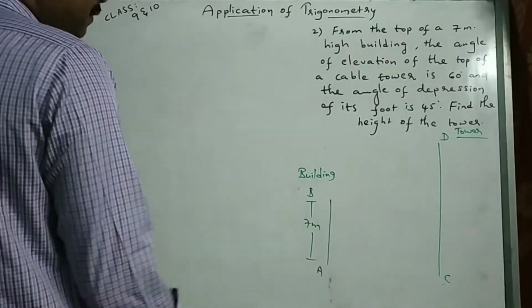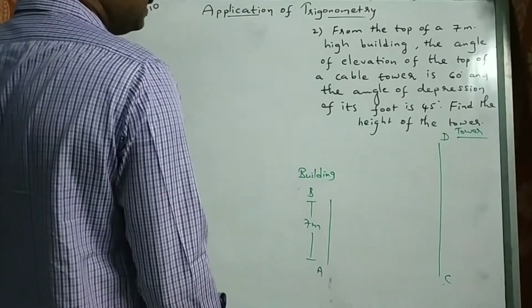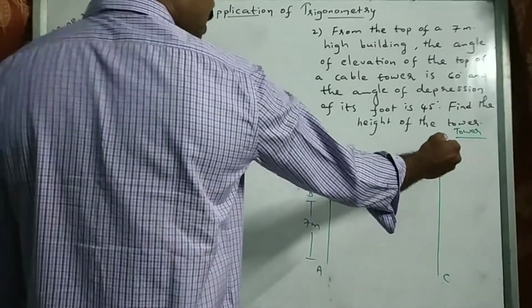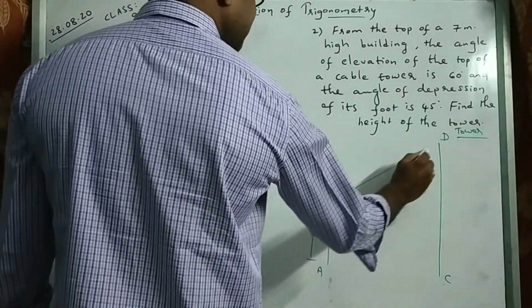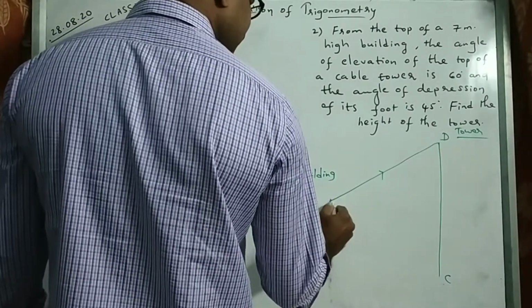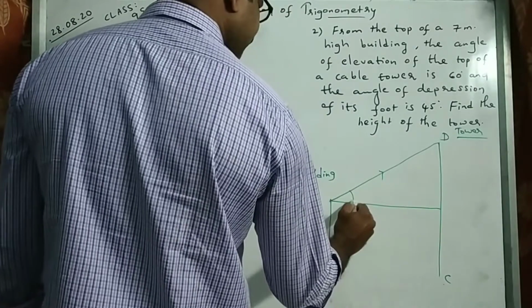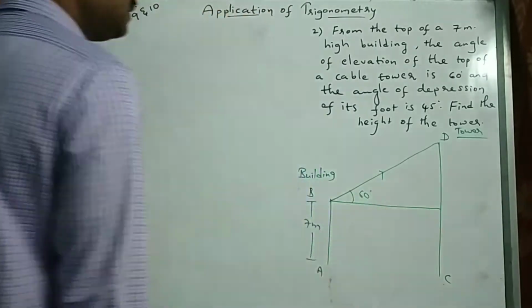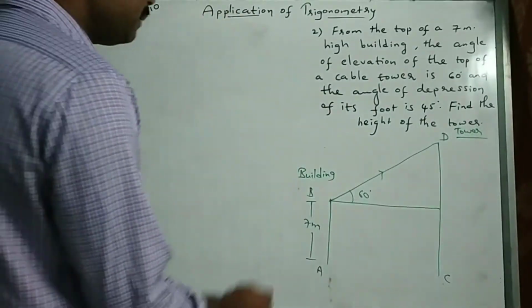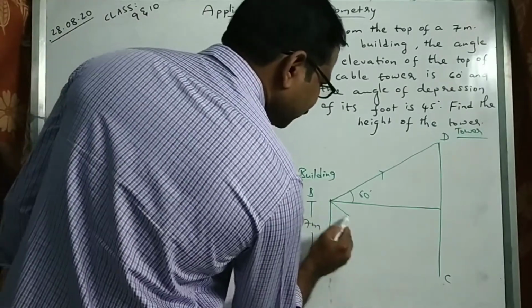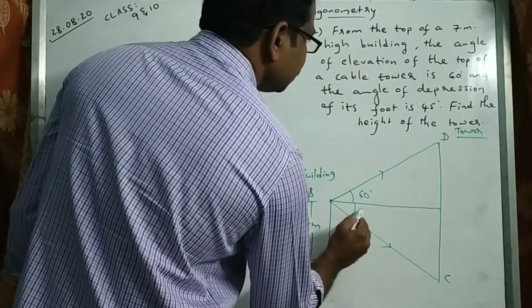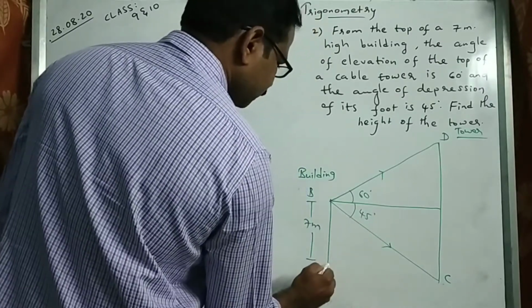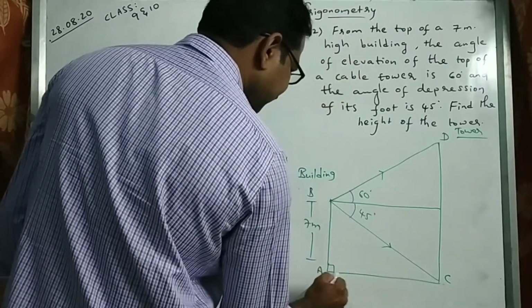From the top of a 7-meter high building, the angle of elevation of the top of a cable tower is 60 degrees. So this elevation is 60 degrees. And the angle of depression of its foot, from the same point, is 45 degrees. So if you join it, this will be 90.